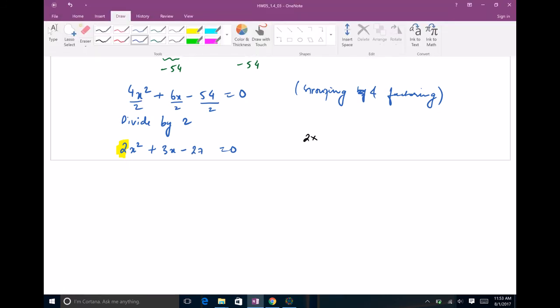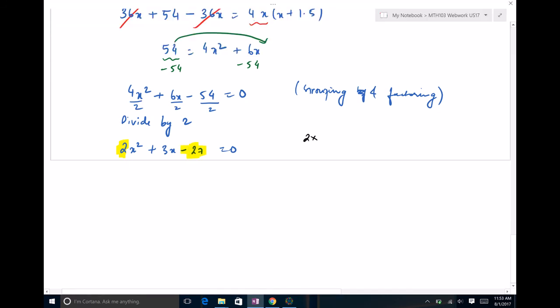So going back, what we're going to do is we look at these two numbers and we multiply them. So 2 times negative 27 will be negative 54. So what you're looking for is two numbers which when you multiply you get negative 54, and when you add them you get positive 3.